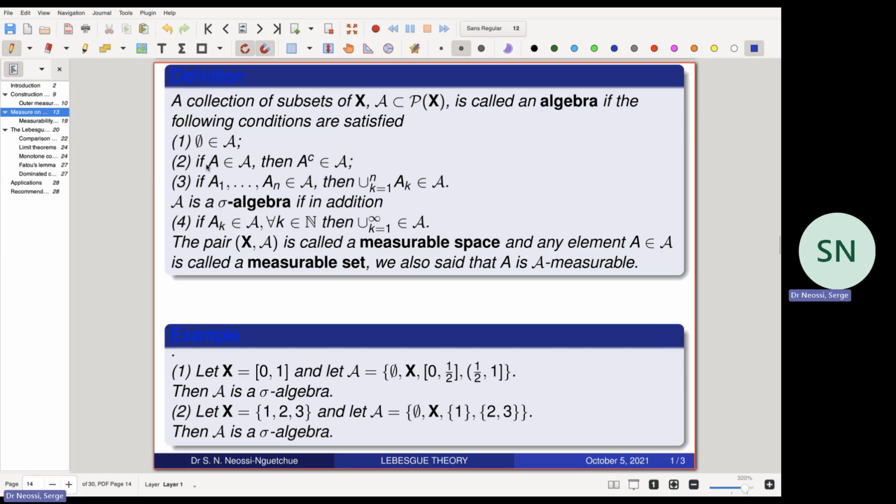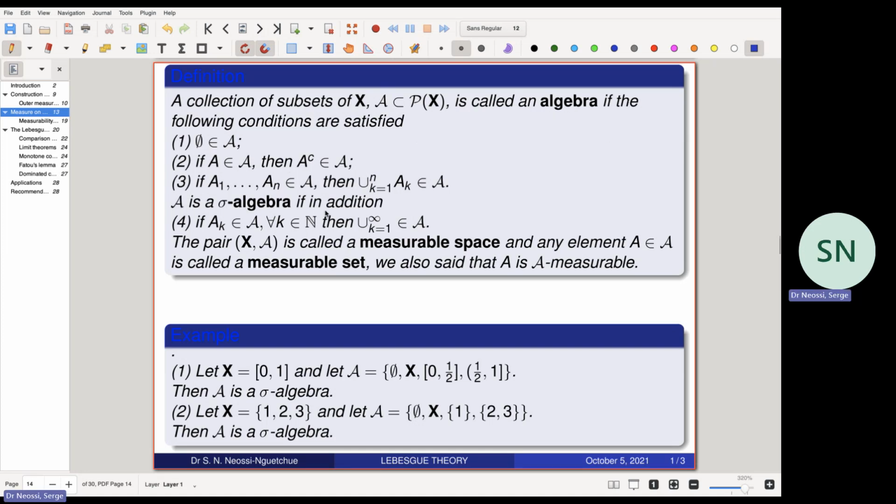Now, if A is in the collection calligraphic A, then its complement is also in calligraphic A. And the third property, or axiom, is that if we have a finite number of elements of calligraphic A, that is A1 up to AN, then the finite union of AK, where K runs from 1 to N, is still in calligraphic A. Right. So a collection that satisfies these three axioms is called an algebra.